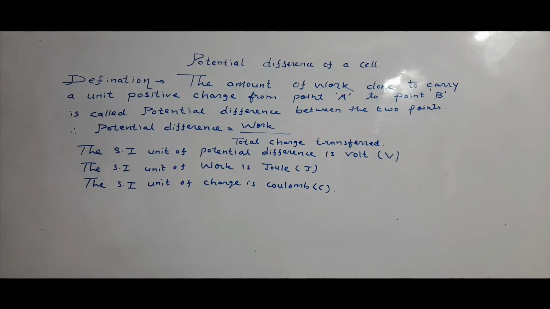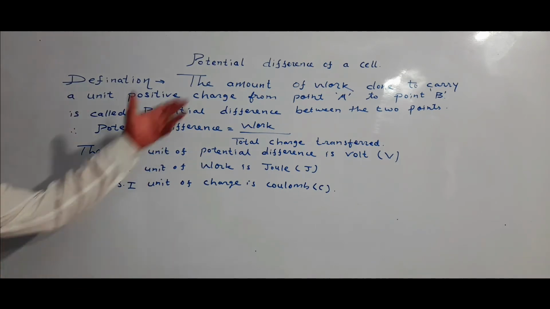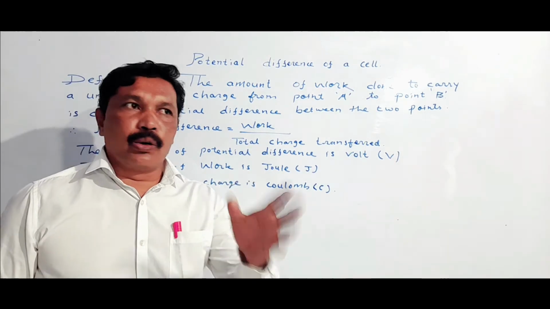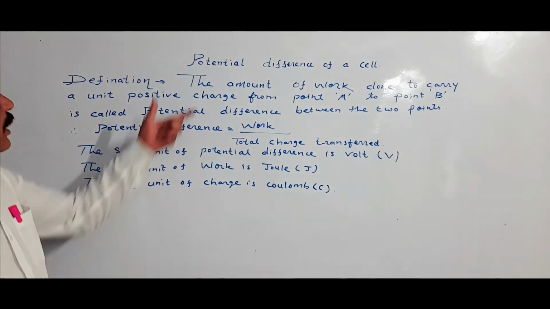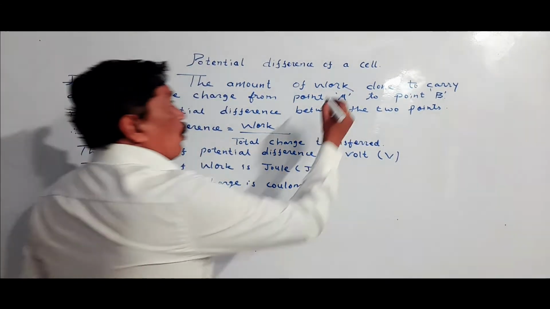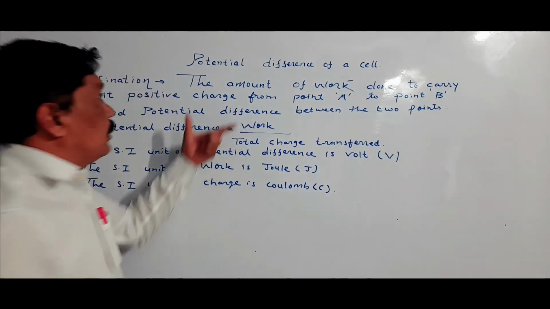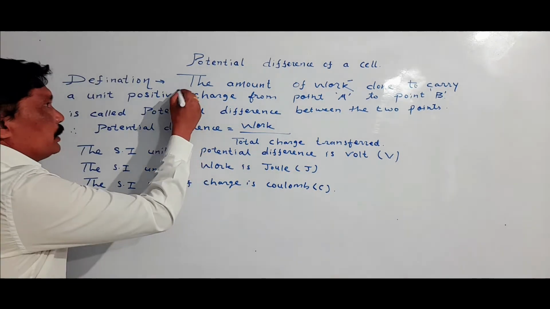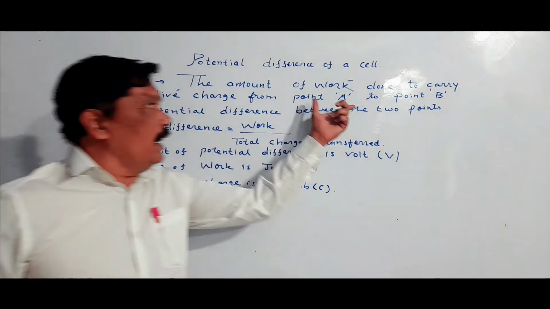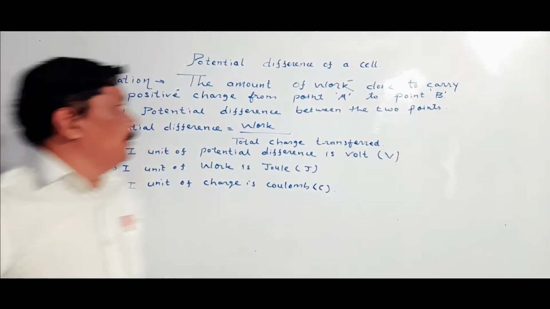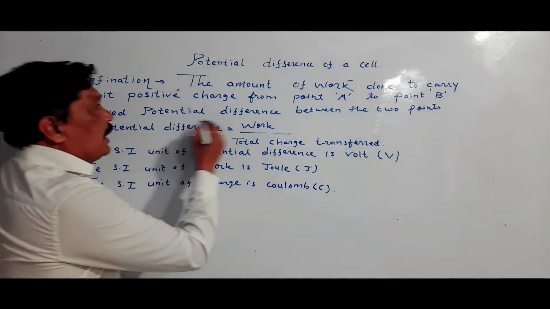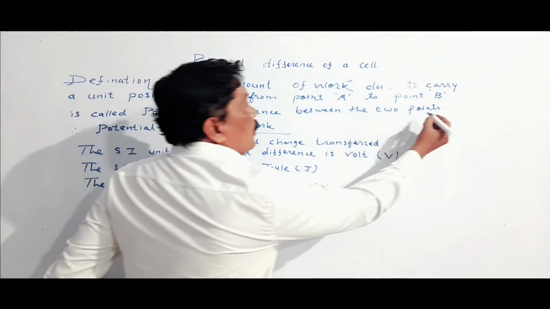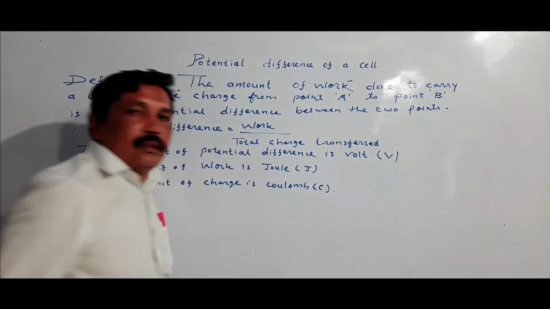Let's have brainstorming over definition of potential difference. The amount of work done to carry a unit positive charge from point A to point B is called potential difference between the 2 points.